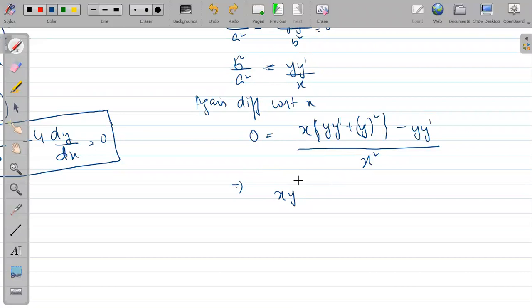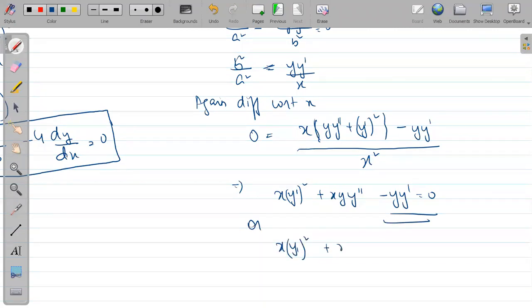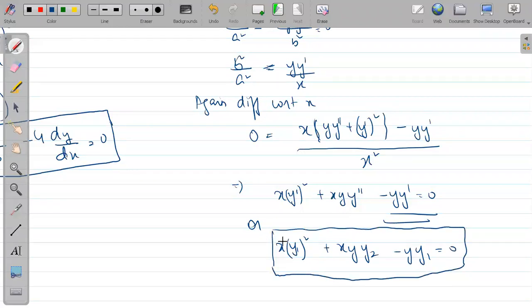If you want, you can write y1 or y dash. It's your choice. I'm writing y dash. And here it is plus x y y double dash minus y dash is equal to 0. This is the answer. Or somewhere you can also see x y1 square plus x y y2 minus y1. It can also be written in this form. y1 means first derivative, y dash means first derivative.